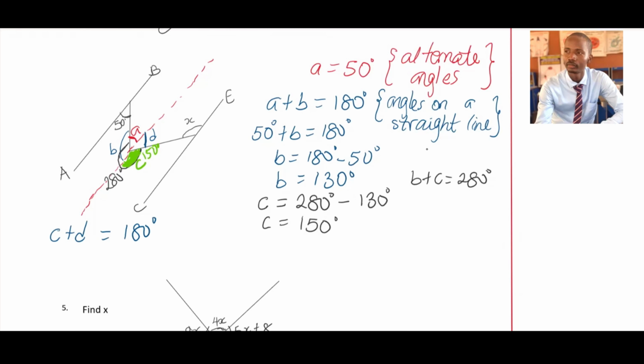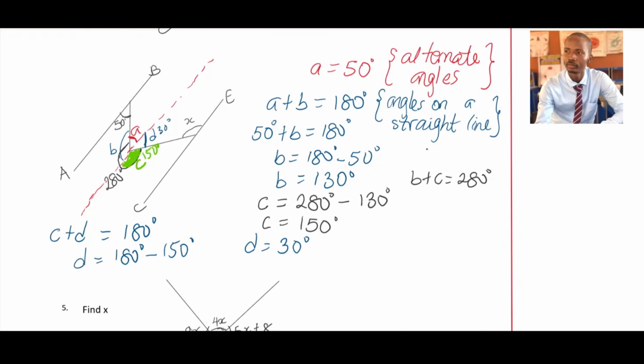So D is equal to 180 degrees minus 150, and D is equal to 30 degrees.